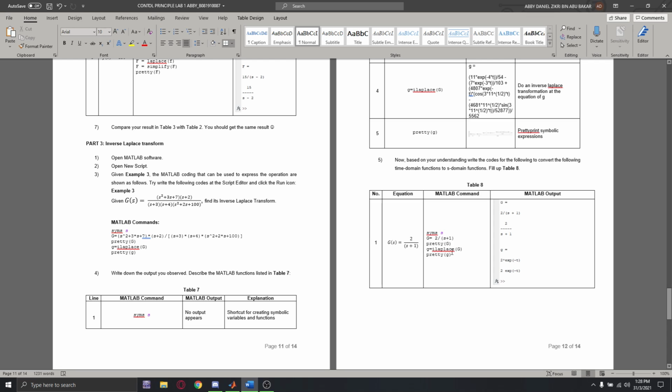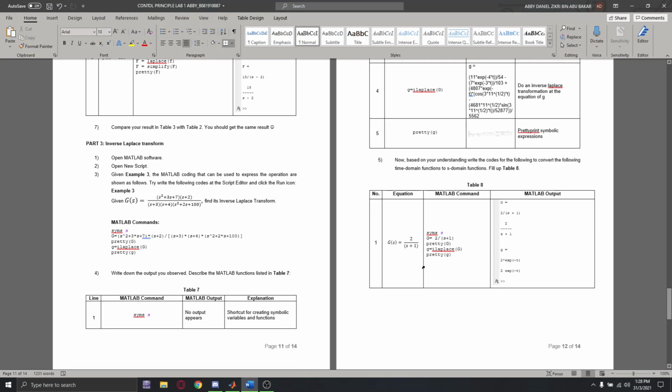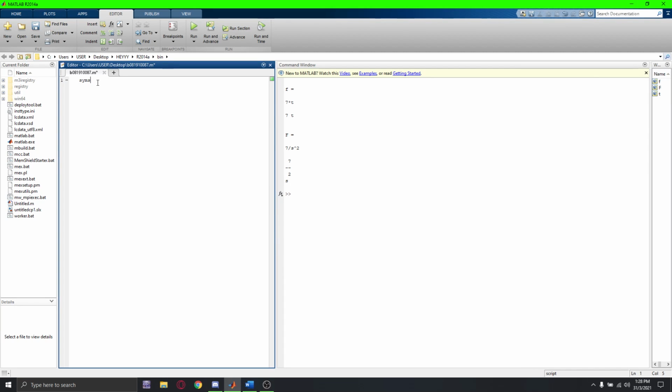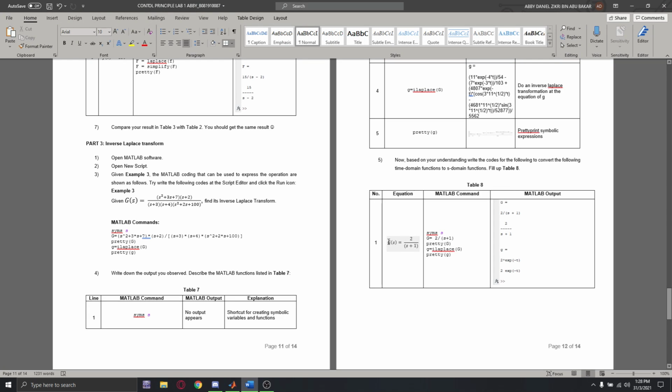This function is to transform from the frequency domain to the time domain of the equation. So first step, we will make a shortcut variable like part 2, but in this question we have variable s, so we will make shortcut variable of s. So the next step is we just have to insert all of the equation in the MATLAB.